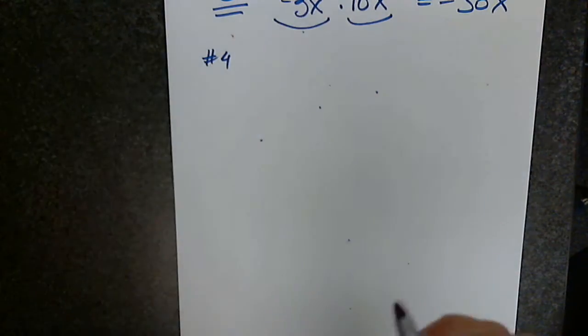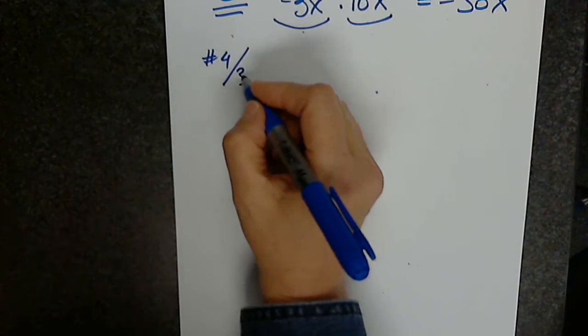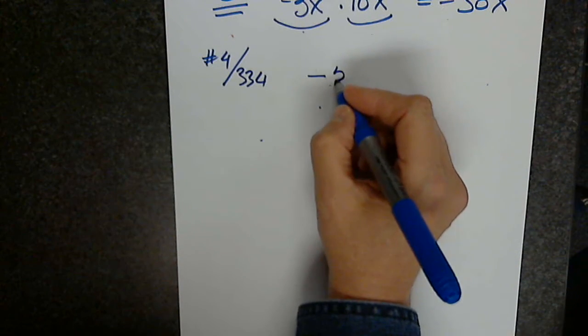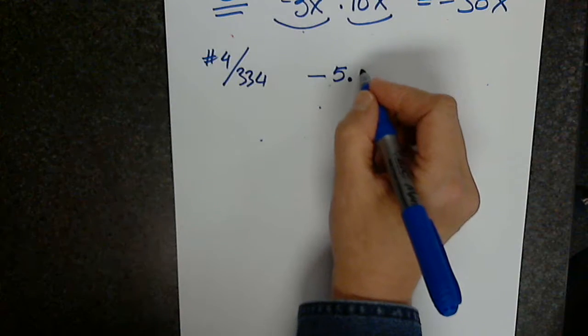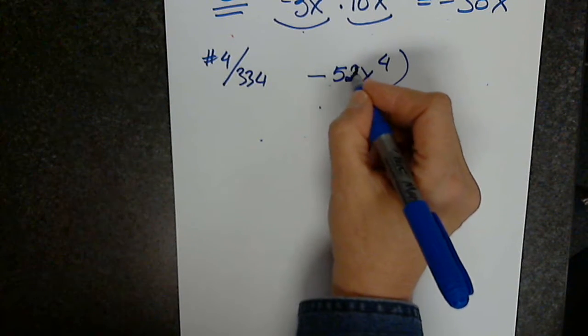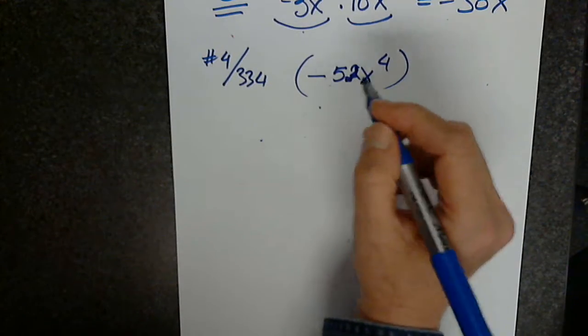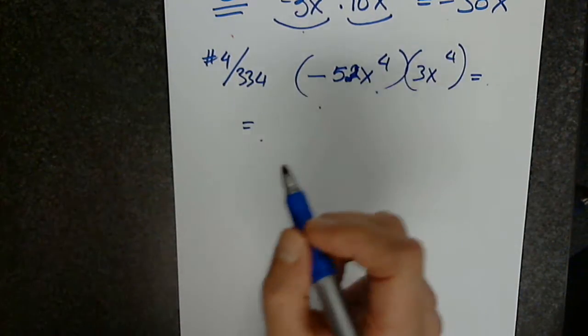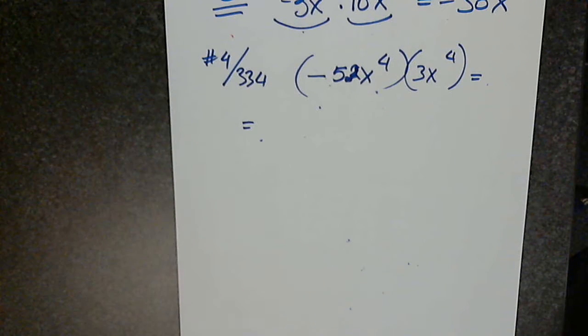Exactly. So let's say number 4 on page 334. Negative, I think it's 5.2 x to the 4th. Negative 5.2 x to the 4th multiplied by 3 x to the 4th. 334.